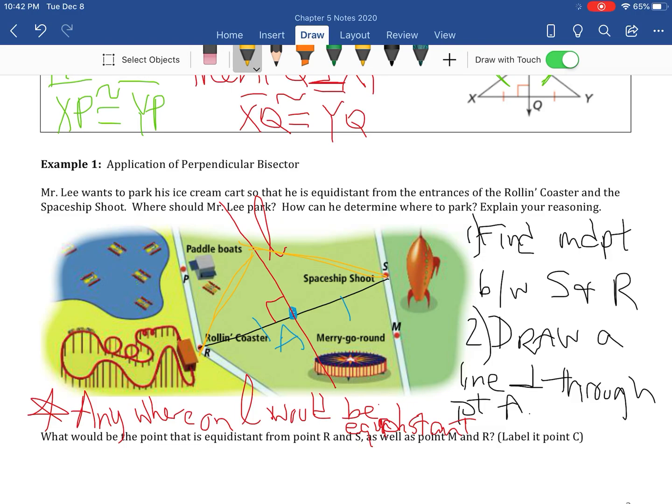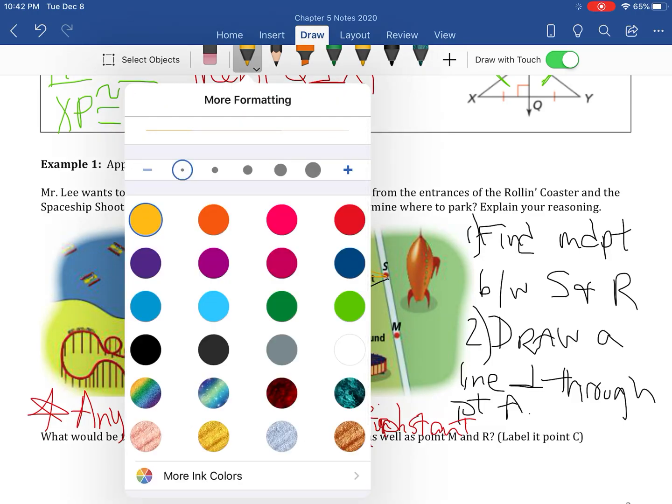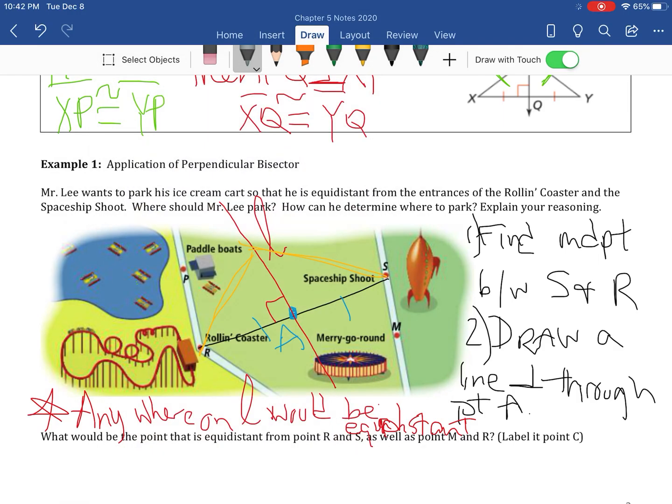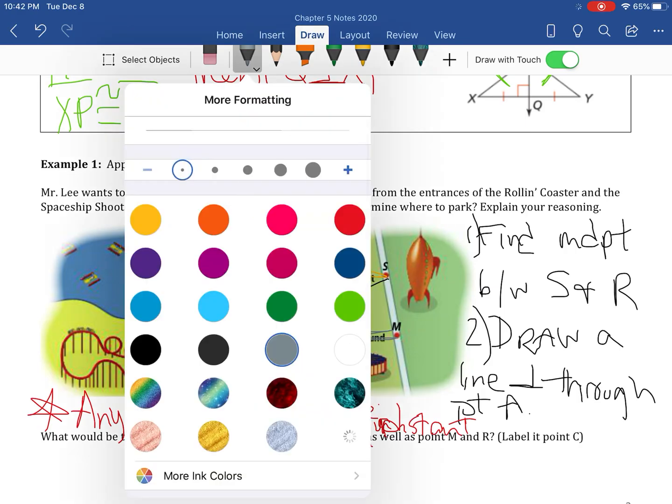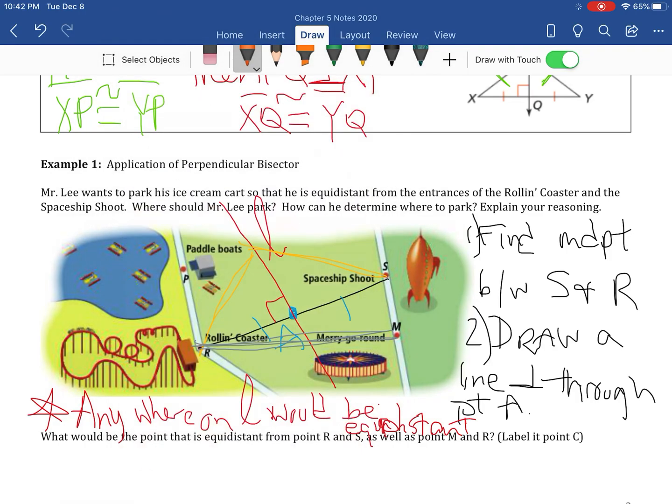So if I went back here and found, again, just a length from M to R right there, it looks like, and I guess I didn't do the best job, that this point right here, C, as it says, would be equidistant from all three of them.